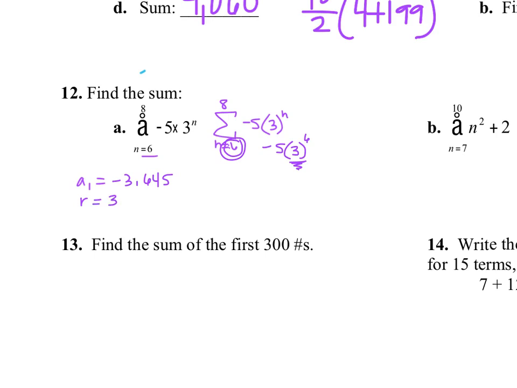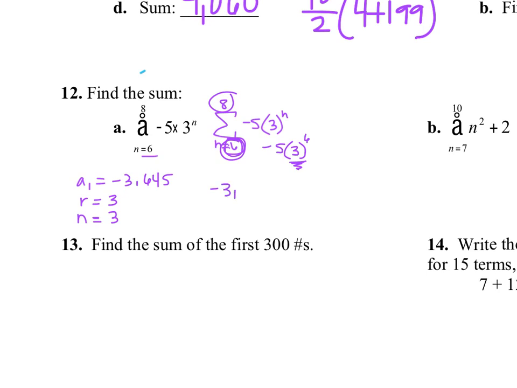And then the number of terms, our n. If we have 6 as our first and 8 as our last, 6, 7, and 8 would be your number of terms, so that's 3 terms. Or you can think 8 minus 6 is 2, and you always have to add 1 to that. Okay, so if this is my setup, I'm going to plug it into that formula.